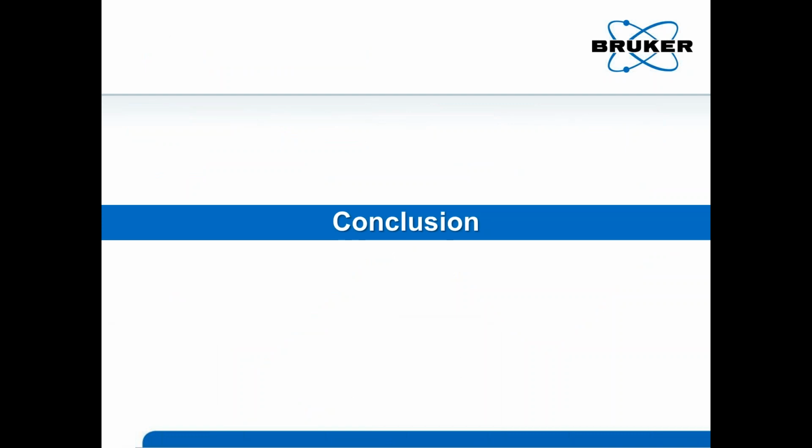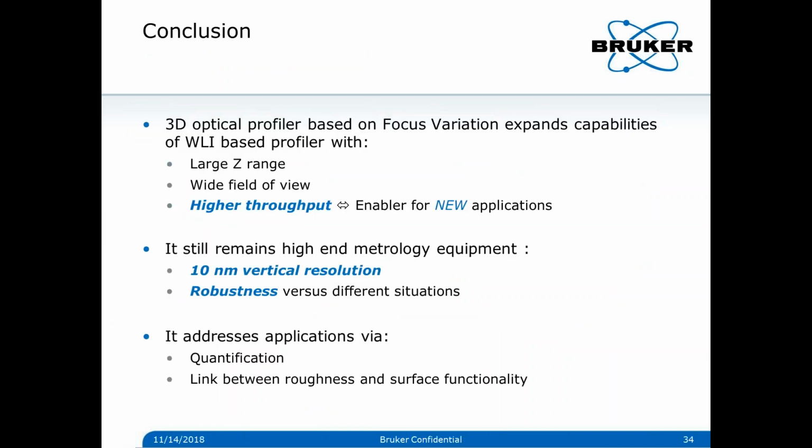To conclude, as you have seen, the 3D optical profiler based on focus variation indeed expands the capabilities toward rough surfaces and large fields of view. The reason is that the system is able to have a very fast scanning speed together with proper lighting, and that the principle of measurement for the focal plane is based on a contrast method instead of a pure intensity method like confocal or white light interferometry.